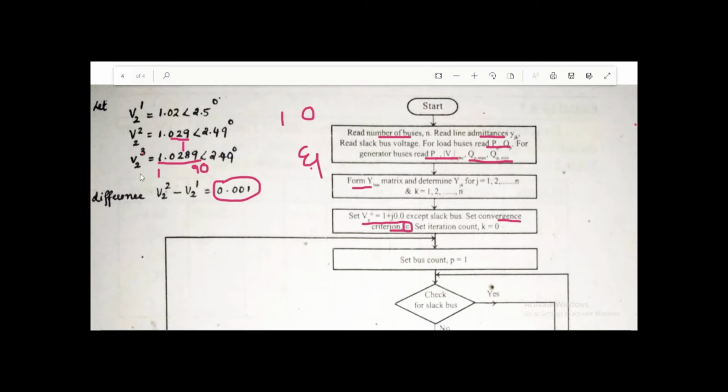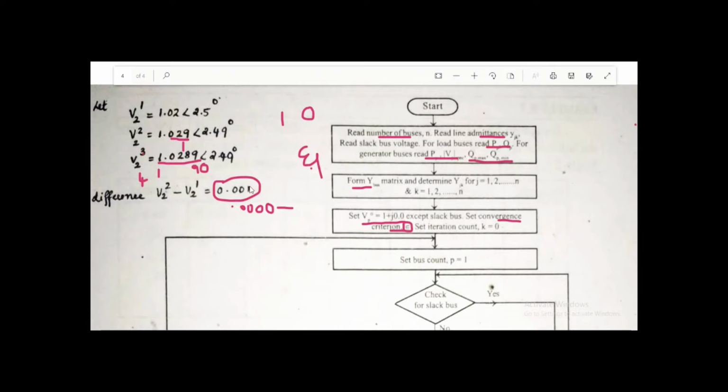We can say that after the fourth iteration, when you take the difference in the voltages of the third iteration and fourth iteration, you will be getting it as 0.0000, something like that, isn't it? So that means the difference between two consecutive iterations is now less than your set convergence value, which indicates you can stop the iteration right here.